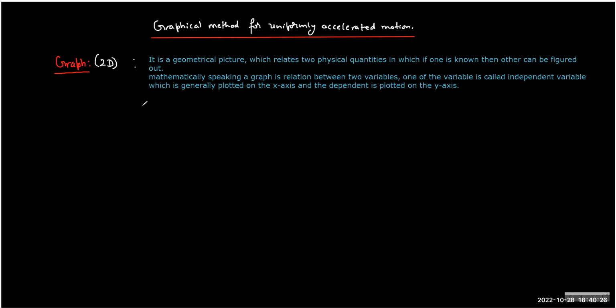So what we need to remember, time is the universal independent variable, so we always plot time on the x-axis.